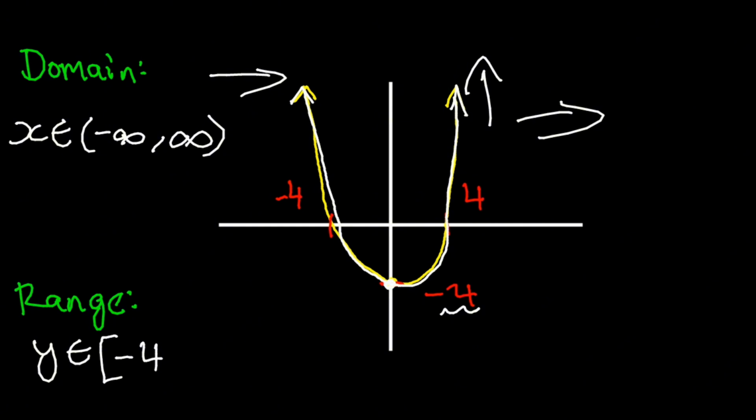Because this time it equals -4. Before it was parentheses because it never actually touched, but the square brackets means that it's equal. Okay, so -4 all the way to infinity, because there's an infinite number of y values going up, and that's the domain and range of this parabola.